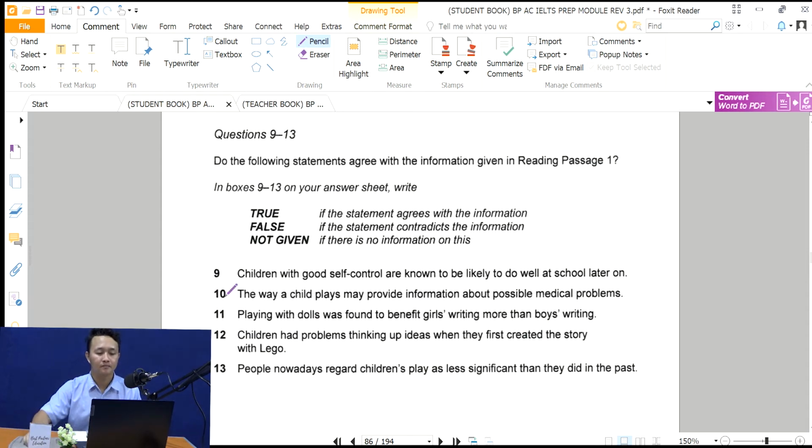Number 9. Also, the second step that you need to do. You need to be aware that dealing with true, false, not given is not only looking for information, but also understanding the information in the question, also in the passage.